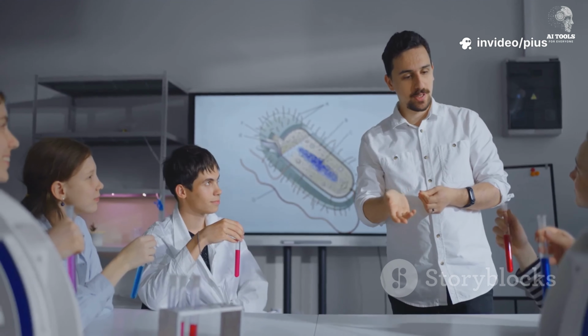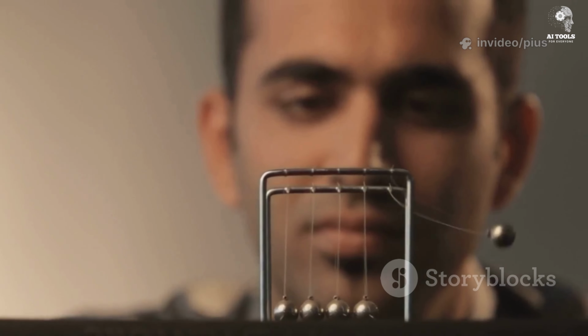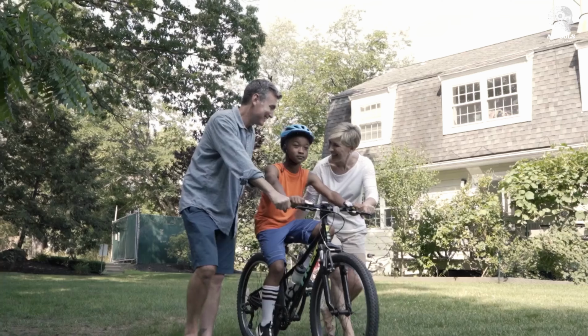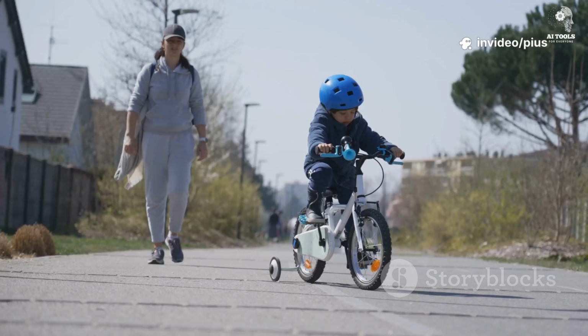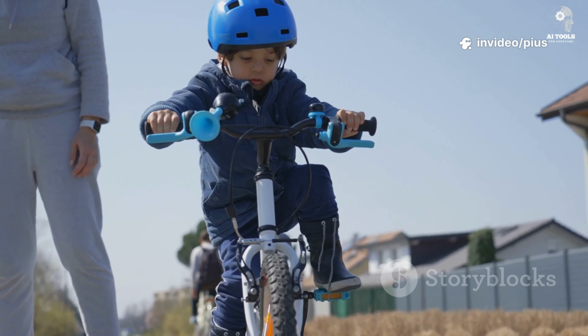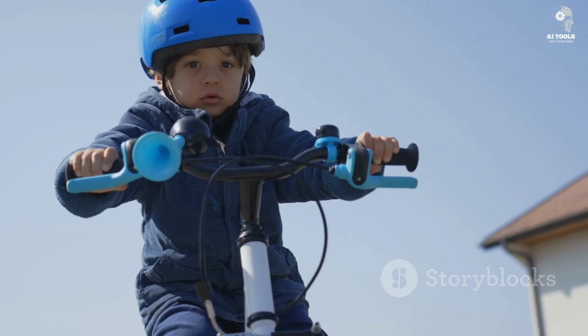Let's use another analogy. Think of learning to ride a bike. If someone just explains the physics of balance, you'll get lost in the jargon. It'll be abstract and meaningless. But if they hold the seat, run alongside you, let go at the right moment, and let you wobble and fall a couple of times, you get the hang of it way faster. Because you're learning by doing, by experiencing, by figuring it out for yourself.